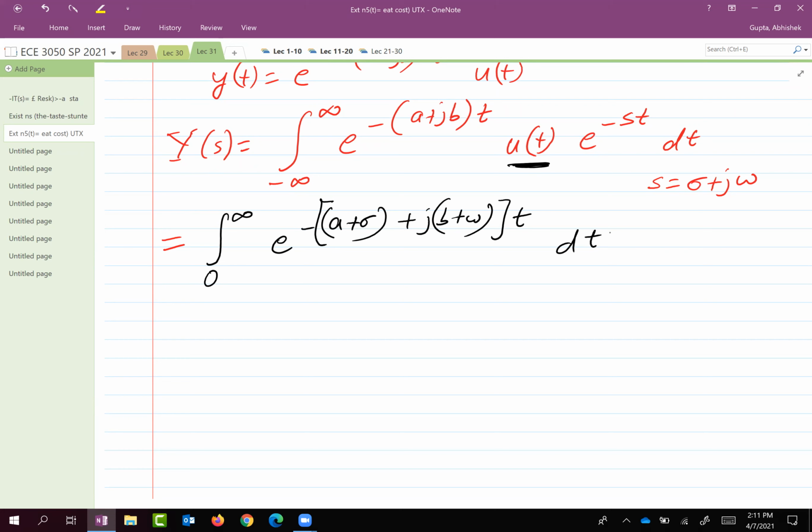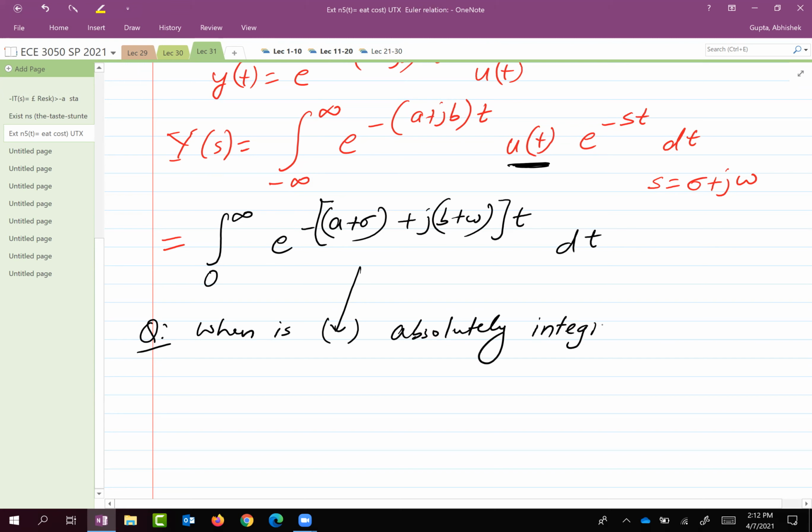Any questions until now? Okay, so I'm going to go back to our question. When is this integral absolutely integrable?